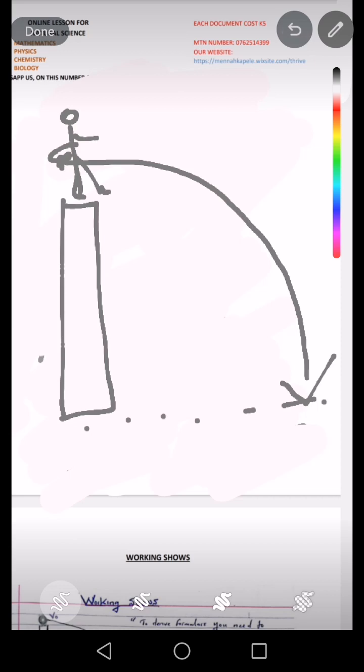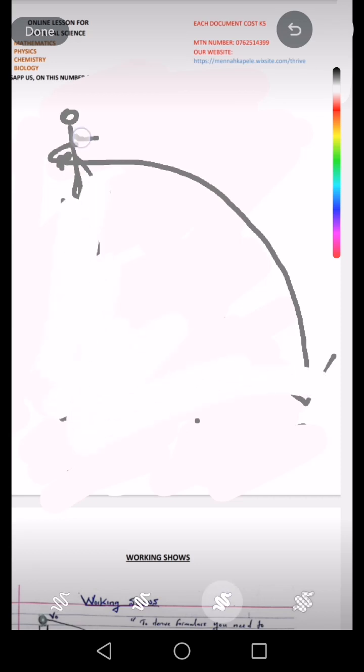And the second case, which we learn, is like this. So this is our first case. The second case, you may be on the ground like this. This is the ground. So this is our ground level.